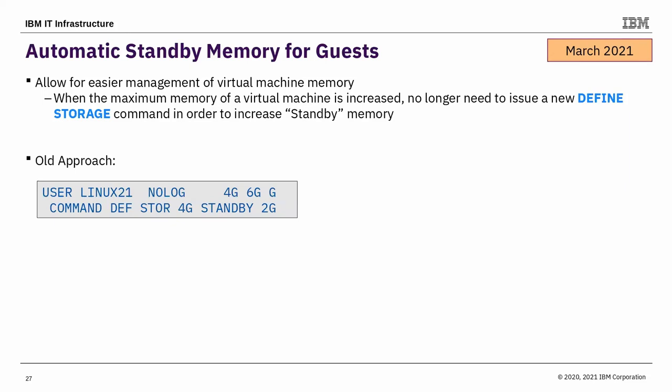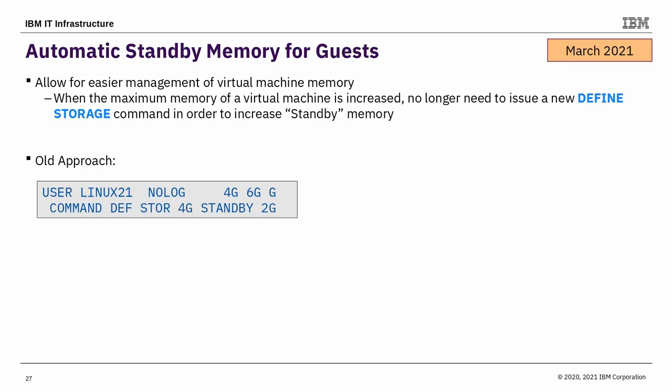Now, the old architectural way of increasing memory meant that if you did a DEFINE STORAGE 6G, then yes, the virtual machine wouldn't be logged off, but architecturally, it completely starts from scratch. So it's kind of bye-bye operating system.